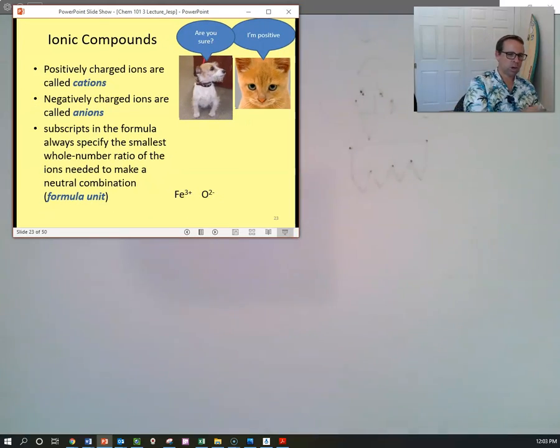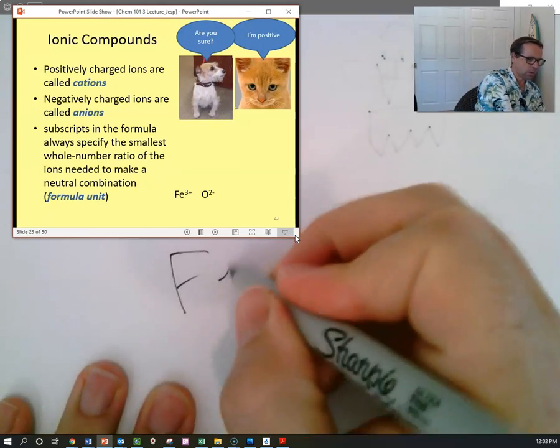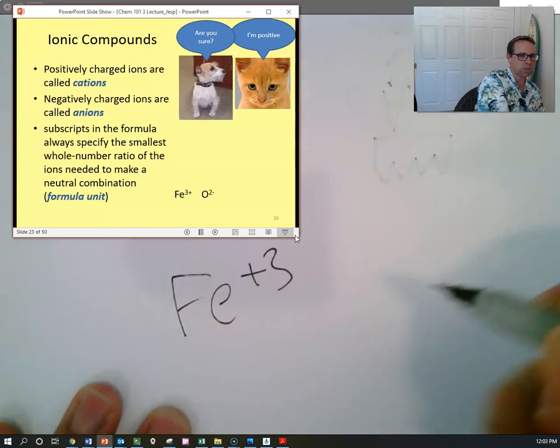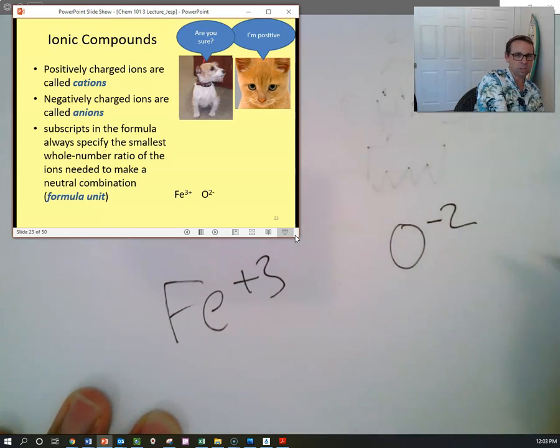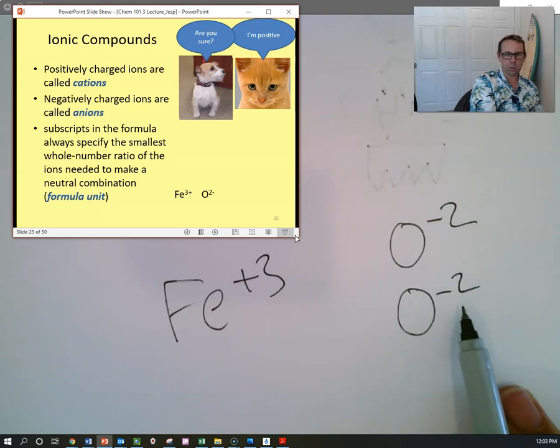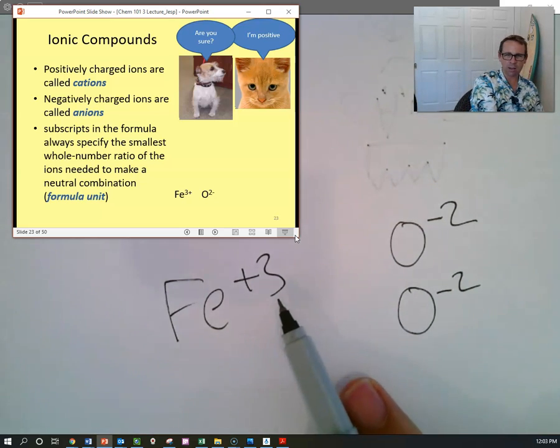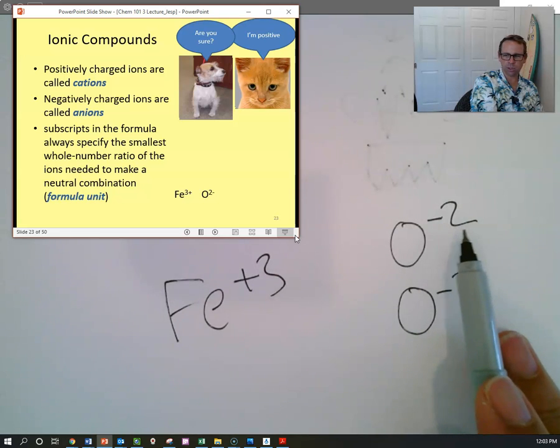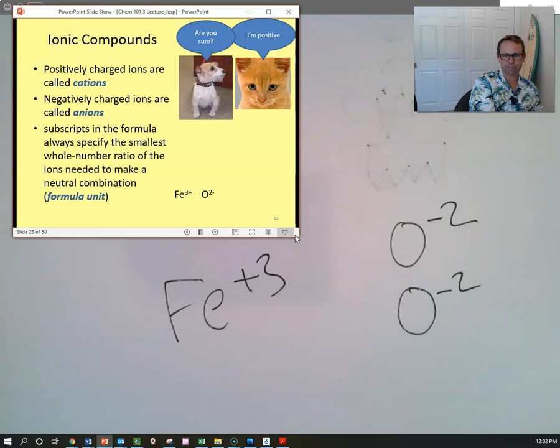So our chemistry that's occurring, we have an iron +3 charge, oxygen with a -2, but we need to have another oxygen around to take more electrons because iron gave up 3 and the oxygen only took 2. But now we have the iron giving up 3 and the oxygen needing 4 electrons.